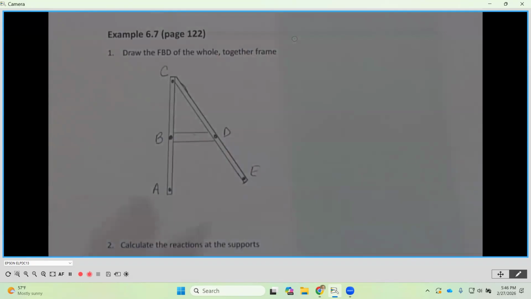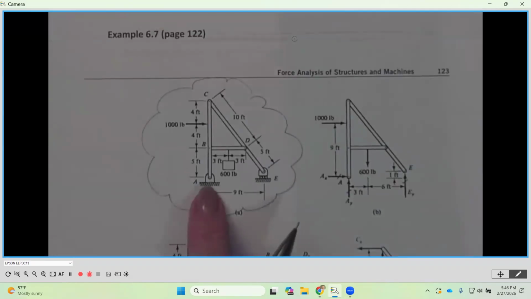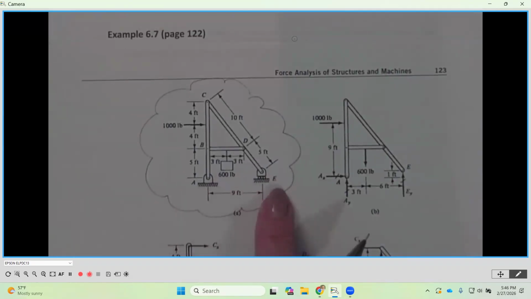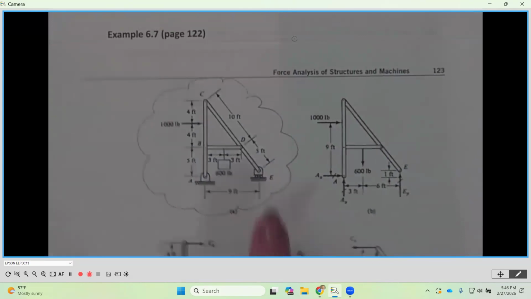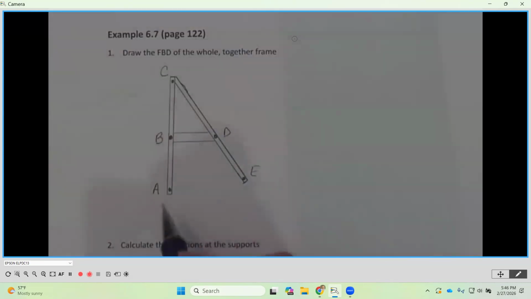Okay. Now, A and E, we'll look back at the diagram. A and E are our supports. So A you can see is a pin and E is a roller. So that means that we are going to represent the reactions there.